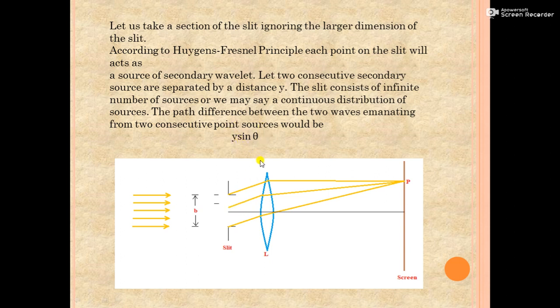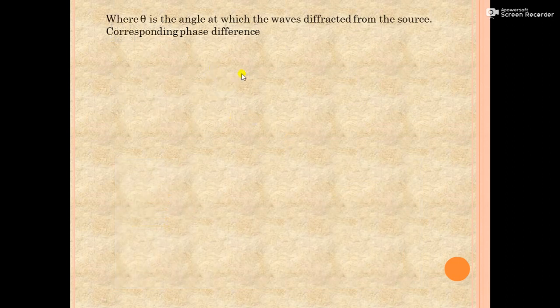And the secondary waves are going to contribute through a phase difference equal to 2 pi by lambda times the path difference, that is y sine theta, and we can write 2 pi sine theta by lambda as k, so delta is equal to k y.